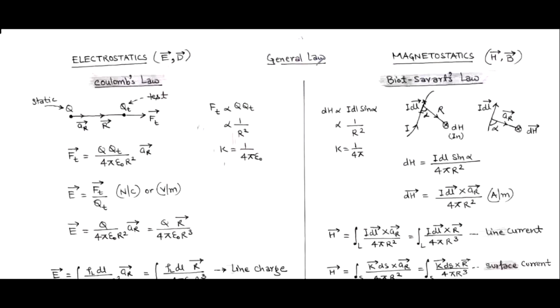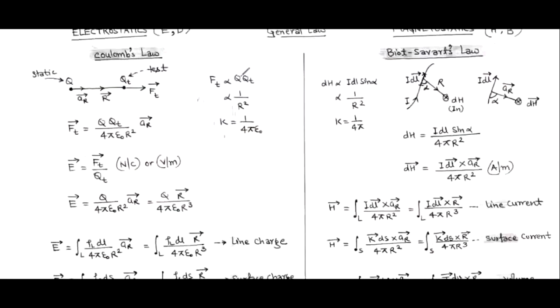So here we consider first Coulomb's law. In Coulomb's law, we consider a static charge which produces a static electric field. In this static electric field, we consider a test charge denoted by Q suffix T. Since both are positive charges, they repel each other, and here we consider charge Q as static.